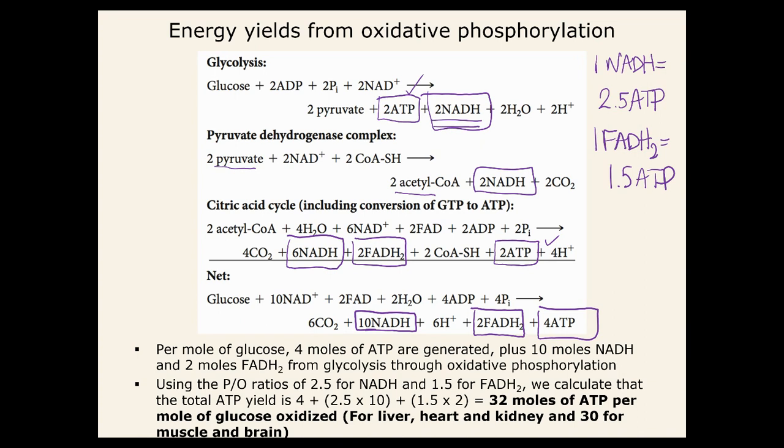So if we do all of our math, see where it says using the ratio of 2.5 for NADH and 1.5 for FADH2, we're going to calculate the total yield of 32 moles of ATP per mole of glucose oxidized.